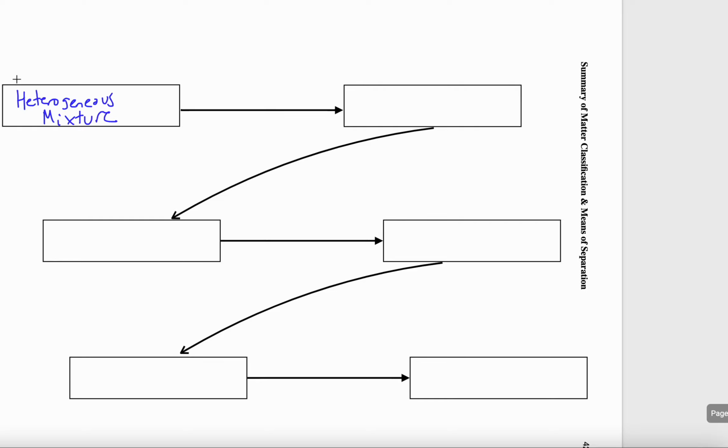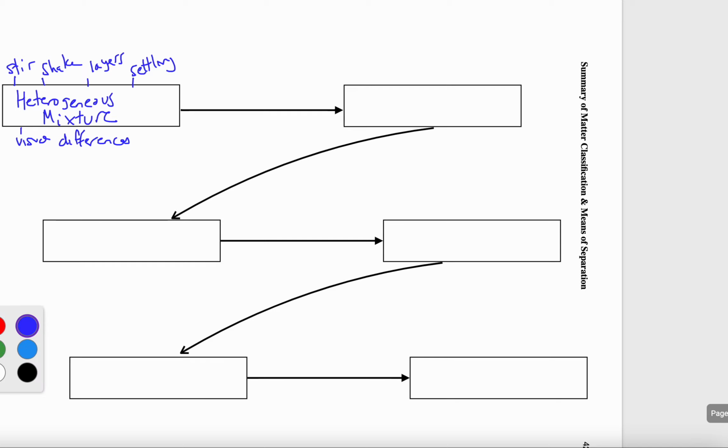So heterogeneous, things like this, that if you have to stir it, if you have to shake it, if you can see layers, or you notice particles that are settling, these would be all big ideas letting you know it is a heterogeneous mixture. And many times there are visual differences. So there are visual differences when you're looking at a heterogeneous mixture.